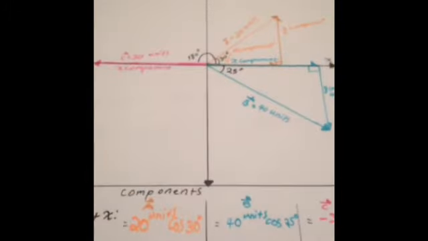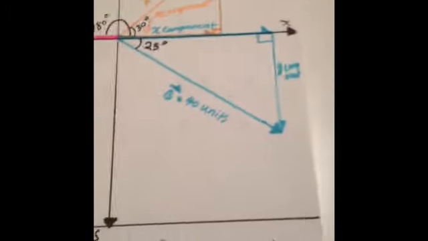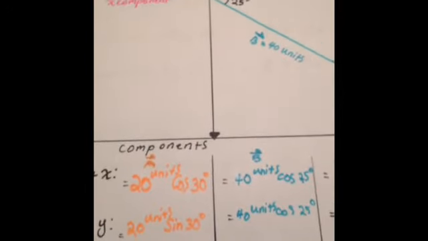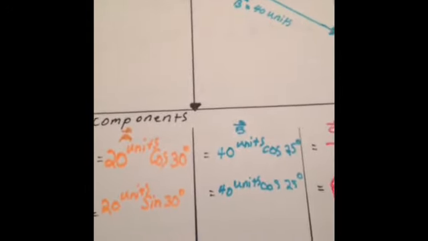So negative 30 units. Alright, ran out of room there, but that's okay. So that's it for finding the components of your given vectors. Now we'll come to the next part and show what we do next.